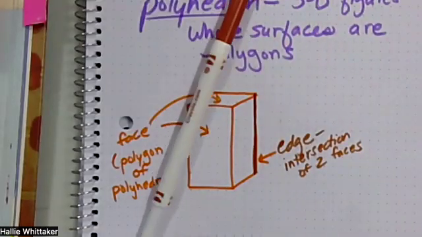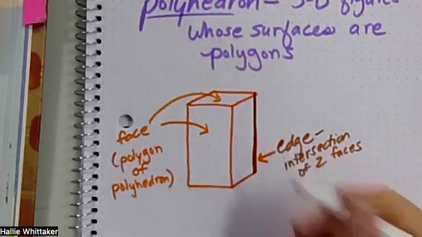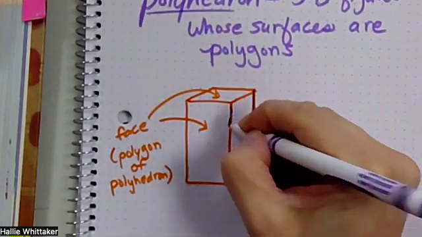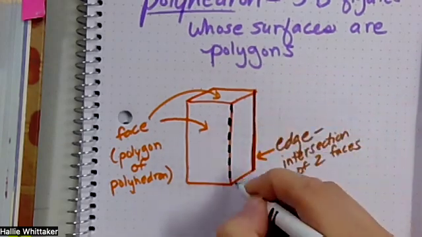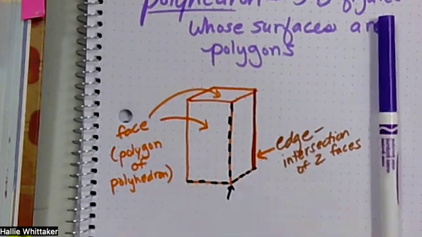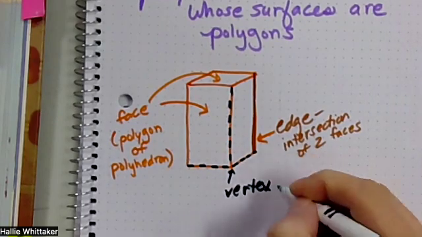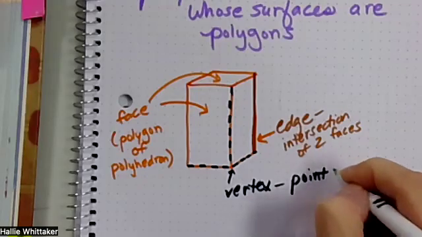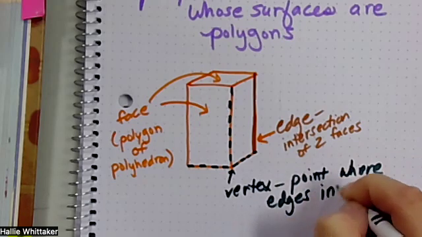So again, this face, this is where they intersect in that segment right there. And then do y'all remember, where you've got an edge, an edge, and an edge all coming together? What is that? Vertex. There you go. And the vertex is defined as the point where the edges intersect.